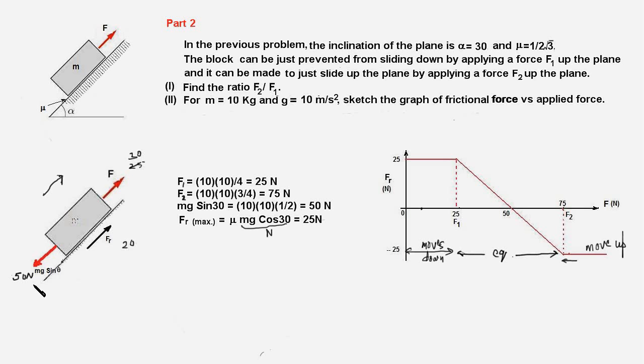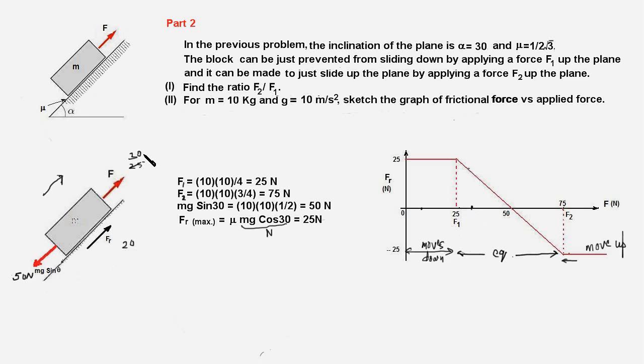And therefore the block will still be in equilibrium, but the frictional force now has reduced its value to 20 newtons. So somewhere here is the applied force of 30 newtons, and the static friction will reduce its value to 20 newtons. So we'll draw a line like this.